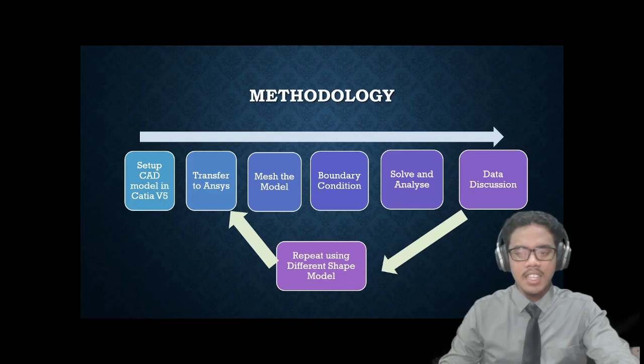After that, set the geometries and boundary conditions, run the analysis, and analyze the output. Lastly, do the data discussion to have a better understanding of the results. The process is then repeated again, but using different shape models, such as rectangle and diamond.